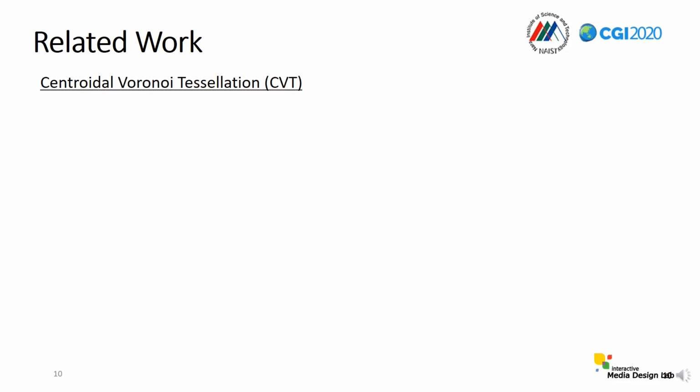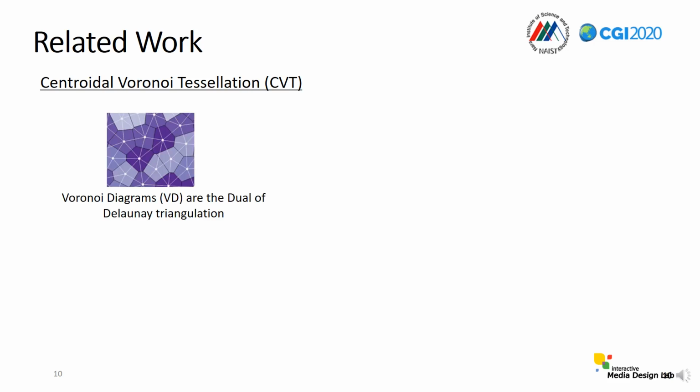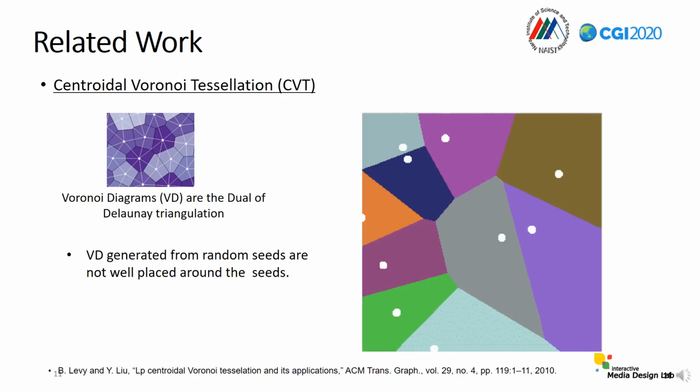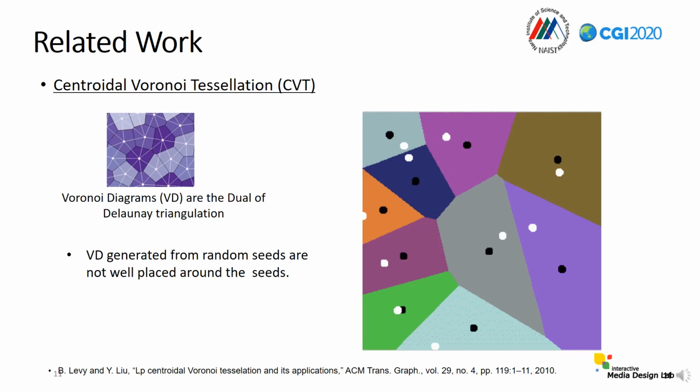The next one, CVT, centroidal Voronoi tessellation. We know that the Voronoi diagram and Delaunay triangulation are dual of each other. However, the Voronoi diagram is generated from random seeds which are not placed well. So CVT attempts to move seeds to the centroid of each cell, and then the Voronoi diagram is calculated.